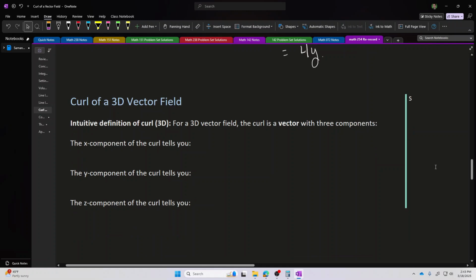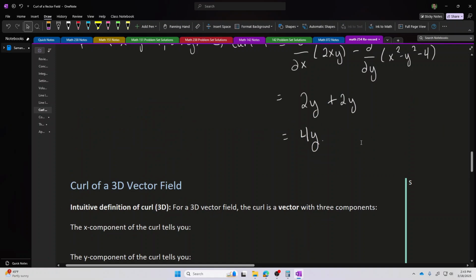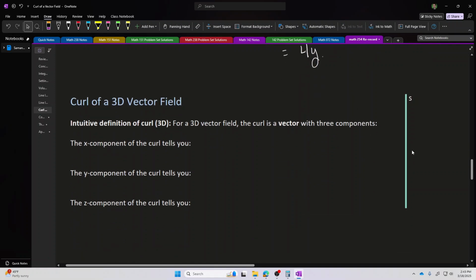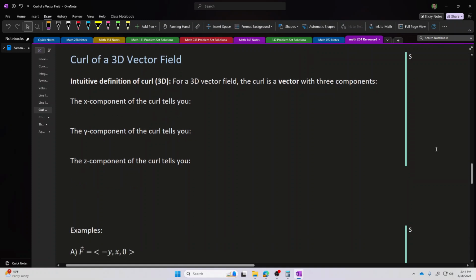Now let's move on to curl of a three-dimensional vector field. For three-dimensional vector fields, the curl is not going to be a single scalar anymore. For three-dimensional vector fields, the curl is going to be another 3D vector. And each of the components of the curl is going to give you different information about the vector field's behavior in three-dimensional space. The x component of the curl vector will communicate how the vector is swirling around the x-axis.